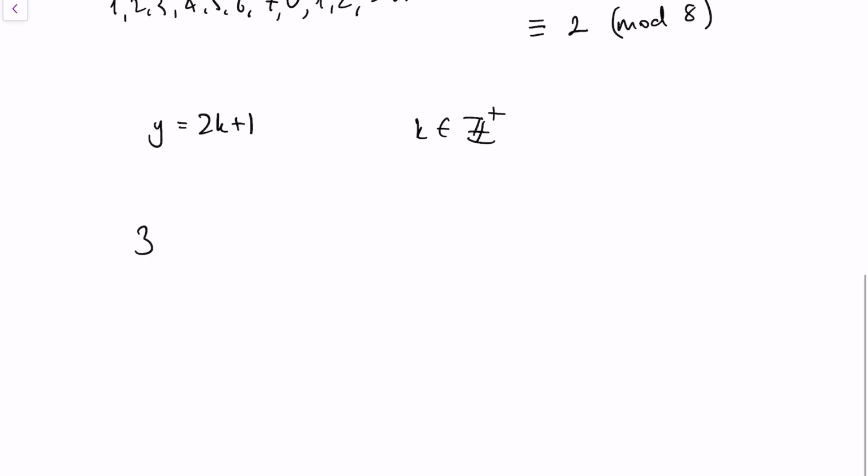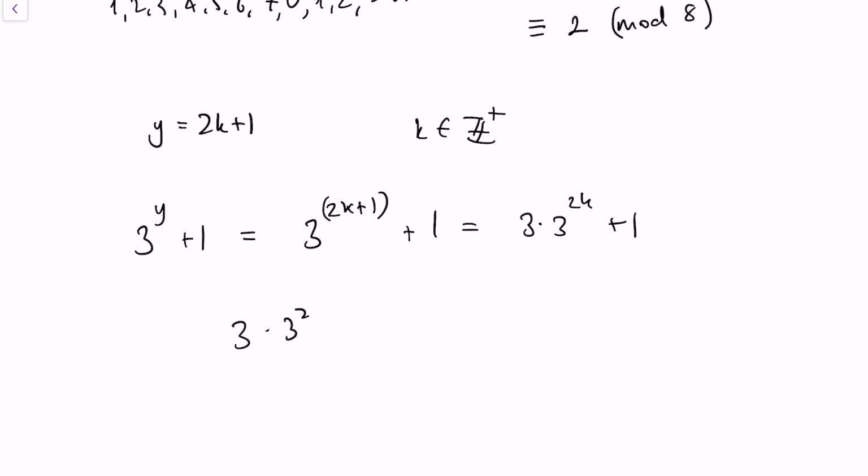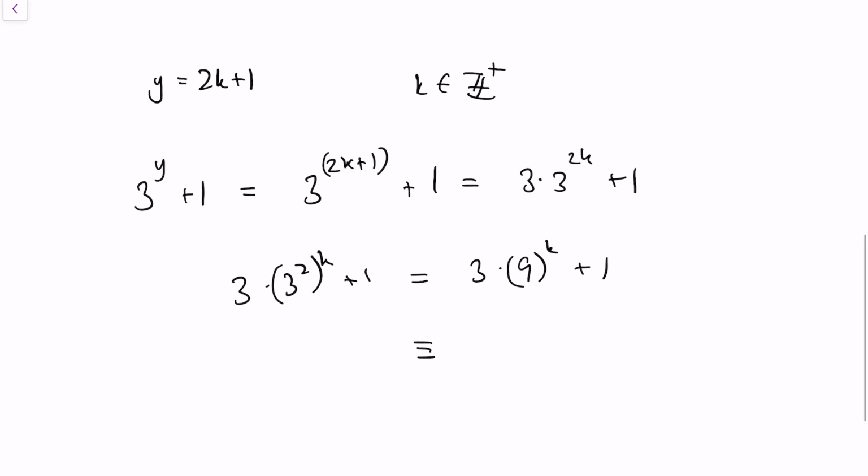So we now have 3 to the y plus 1, that's equal to 3 to the 2k plus 1 plus 1, that's equal to 3 times 3 squared to the k plus 1, that's equal to 3 times 9 to the power of k plus 1, which is the same as 3 times 1 plus 1 in mod 8.